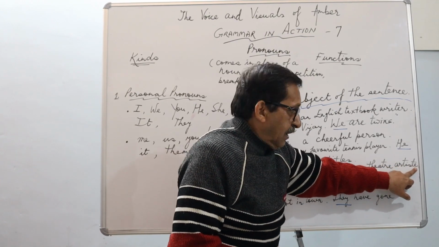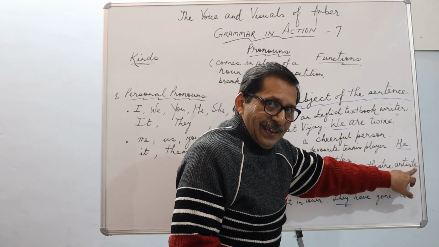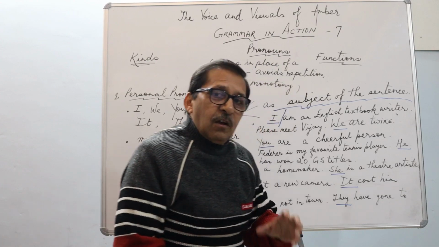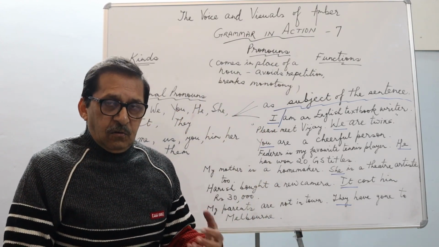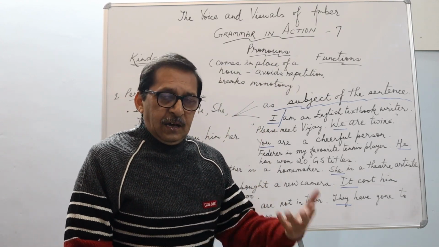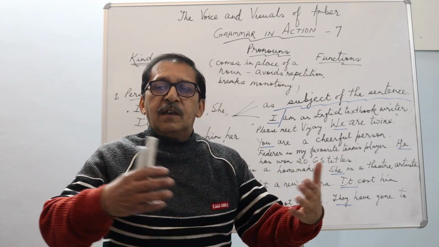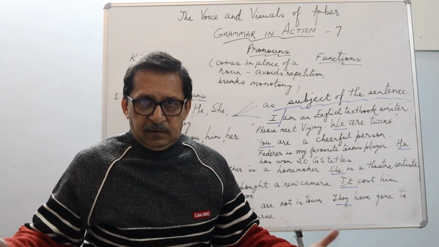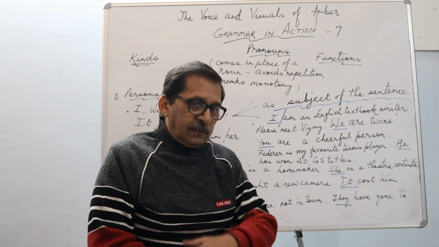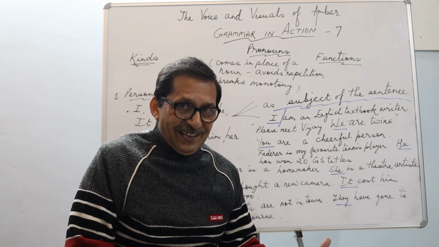A-R-T-I-S-T-E, an artiste. So an artiste with an E at the end means all those artistes who are actually performing artistes, which means they stand and present themselves or their talent before an audience, live.